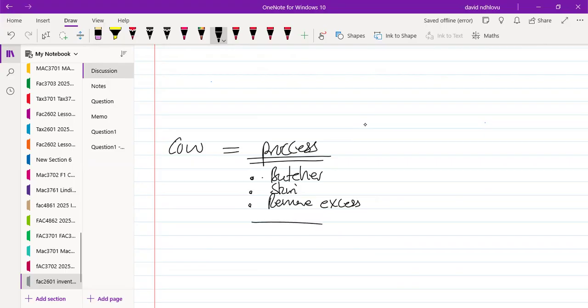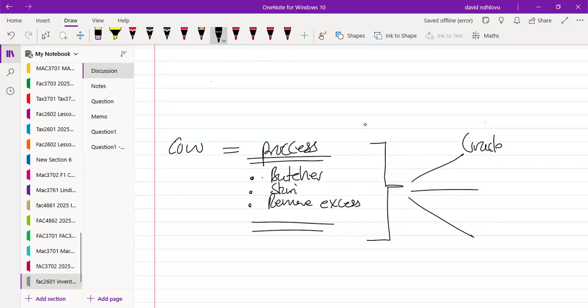So this is a process of manufacture. When I've removed all the stuff that is useless, I then split up the carcass into a number of products. Maybe I will have grade A meat, grade B meat, and maybe bones and skin. Or let me just say the hide.